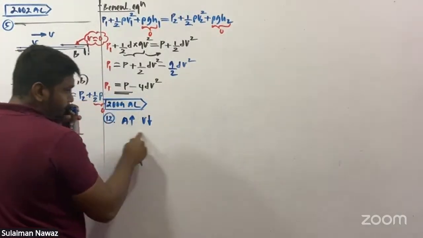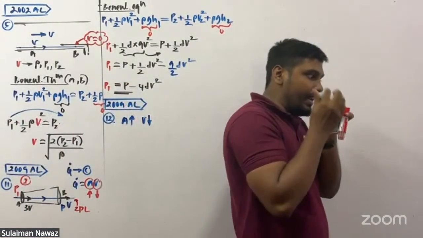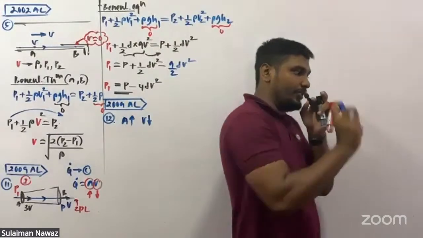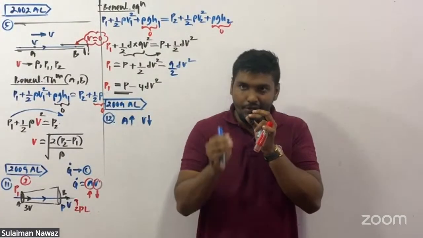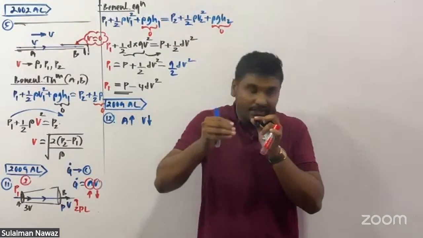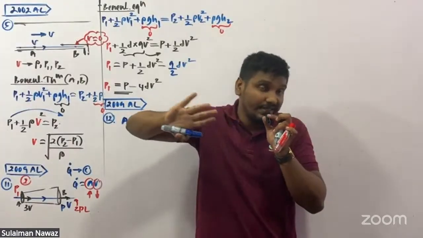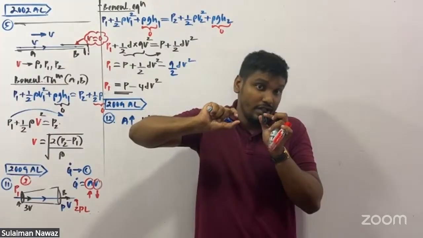Now just consider the A to B cross section. When you compare it with the other cross sections in the tube from A to F, the A to B cross section is going to be the smallest.